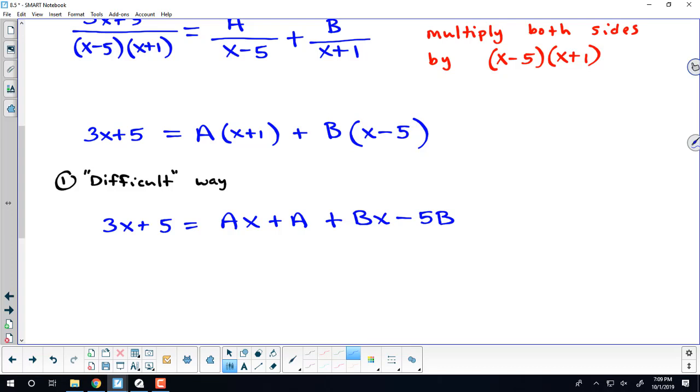And then you have to equate the respective terms. So we have an x term here with A and an x term here with B. We have to equate those two terms to the term over here on the left that involves x. So we have the fact that 3x is equal to Ax + Bx.